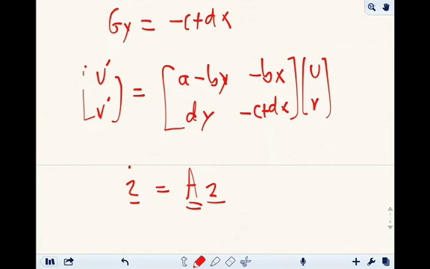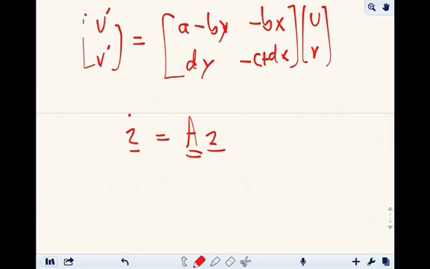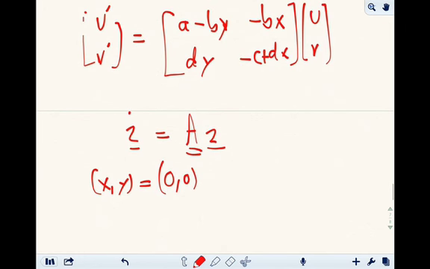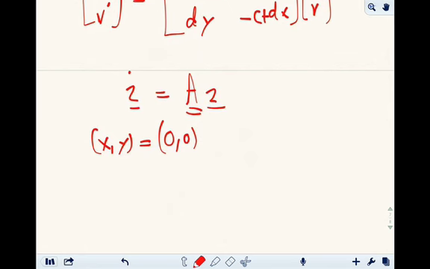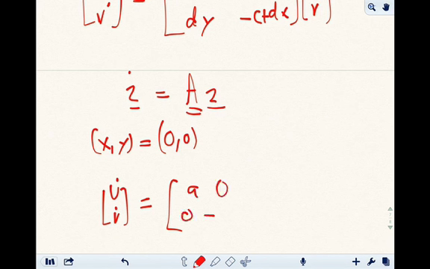It is a linear system. The nature of A depends on which critical point we're at. If we're at (x, y) equals (0, 0), the first one, we plug that into the system of equations here, and our matrix looks like this. Everything's basically 0 except for the a and the minus c, and our system u prime, v prime is equal to the matrix a, 0, 0, minus c, times u, v.